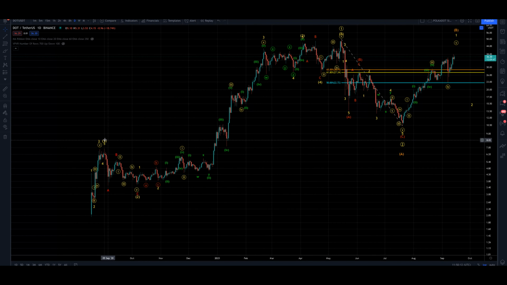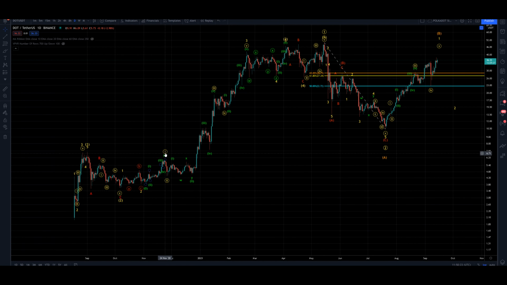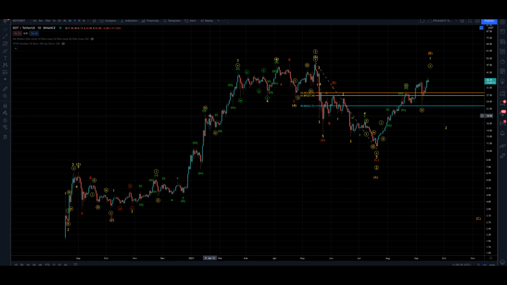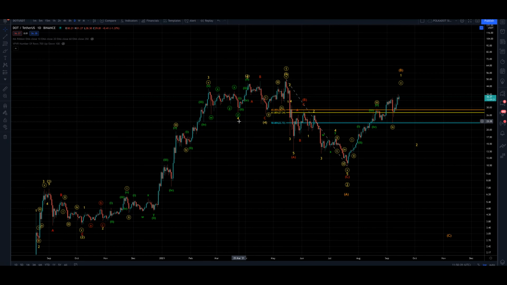So I have an intermediate 1, A, B, C into intermediate 2. I then have minor 1, 2, which is an expanding flat, minute 1, 2, minuette 1, 2, WXY here, 3, 4, 5, 3, 4 at minute degree, 1, 2, 3, 4, 5 minuette at minute 5, 3 WXY at minor degree into the minor 4.